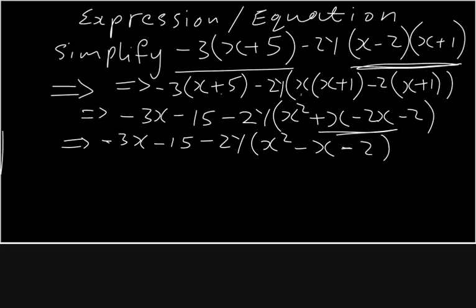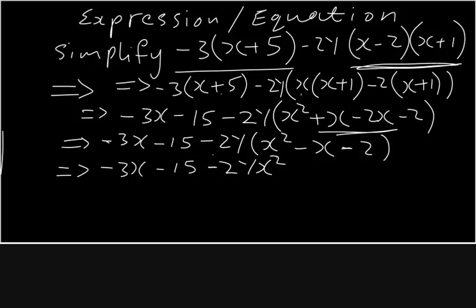So what's the next thing? I will now use this 2y to open everything. So what I now have here is minus 3x minus 15. Then minus 2y times x squared will give me minus 2y x squared.